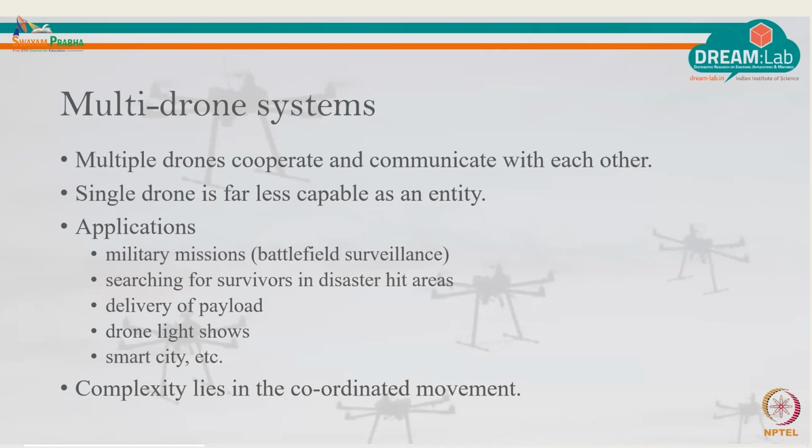Recently we have seen drones emerging in the entertainment industry as well, in the form of drone light shows. And as Professor Yogesh has talked about, we use drones in the context of smart cities as well. The major complexity lies in the coordinated movement of these drones and how they interact and communicate with each other.